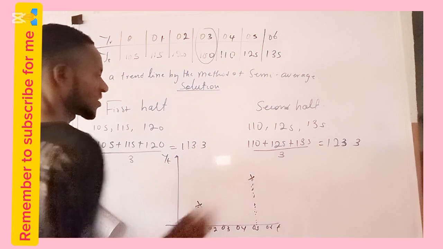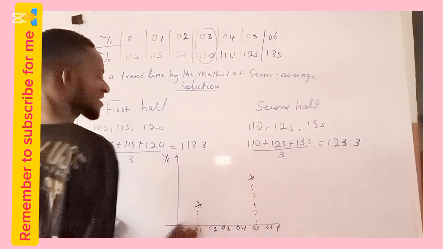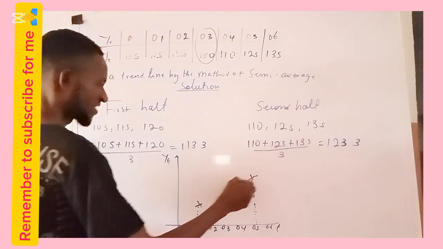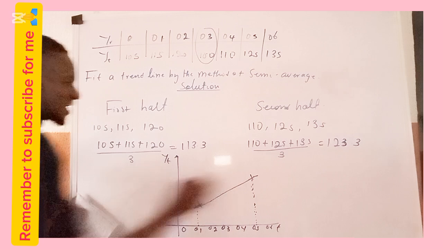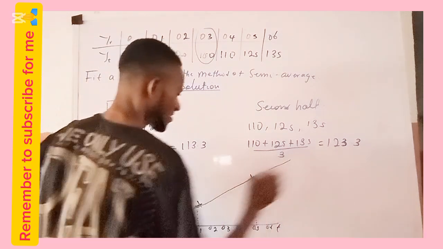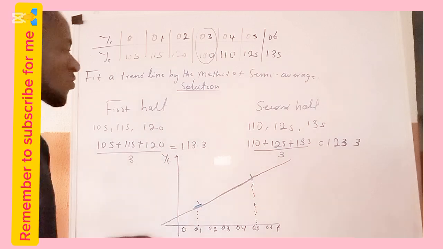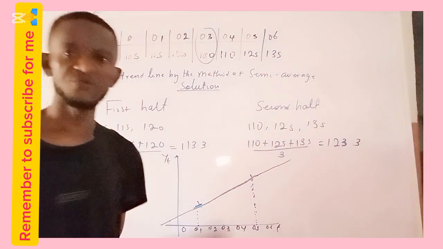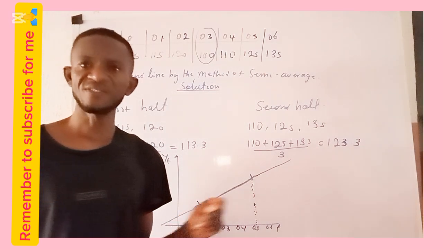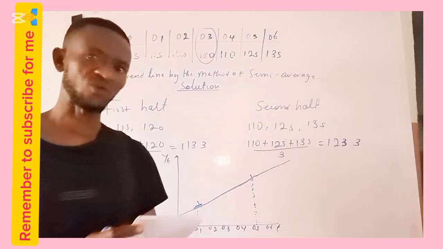They say use a straight line to join the 2 points, and then extend the line. So this is how to fit a trend line using the semi-average method.